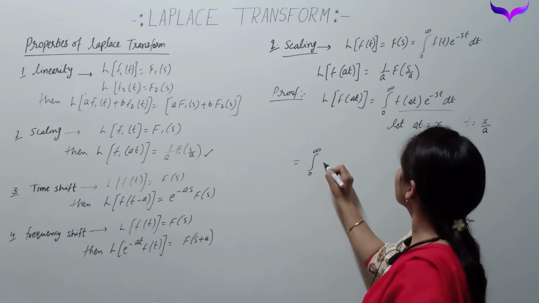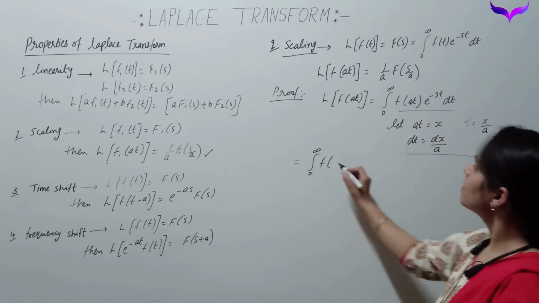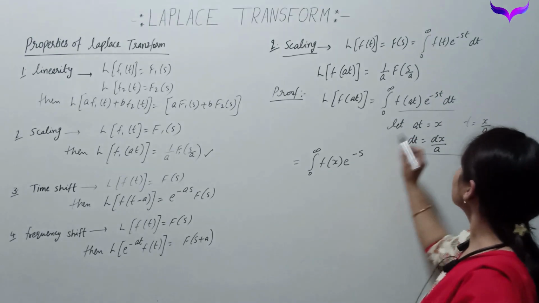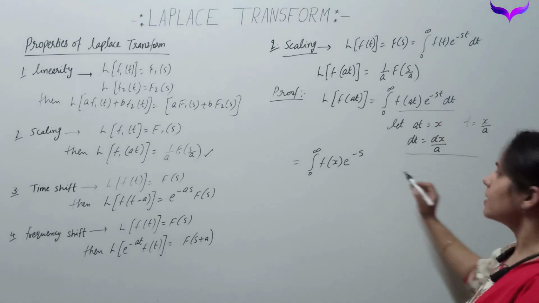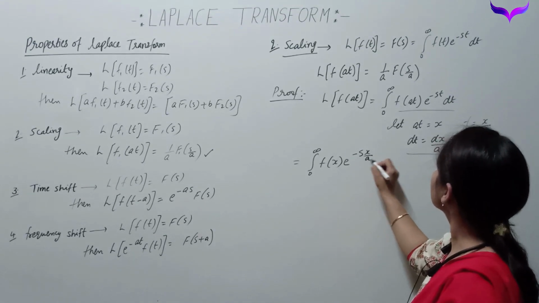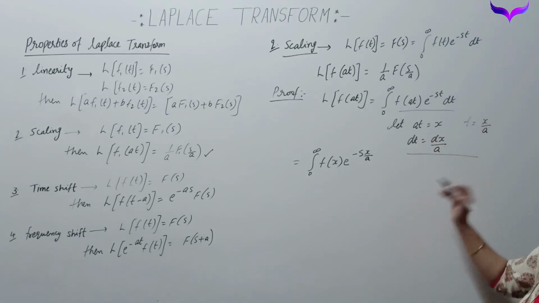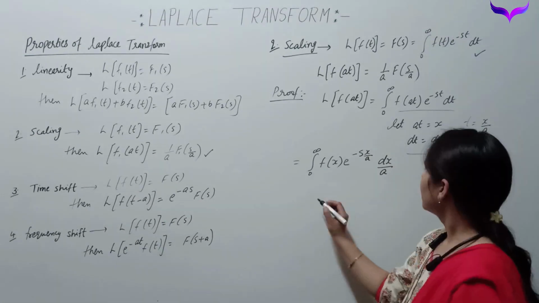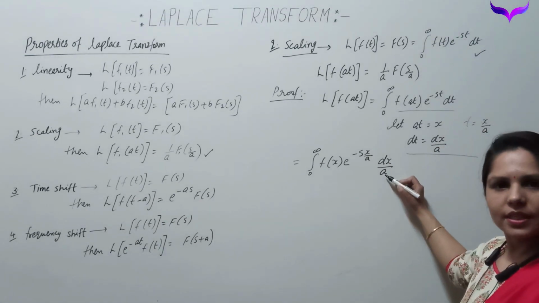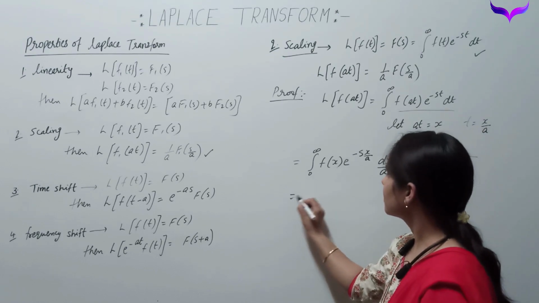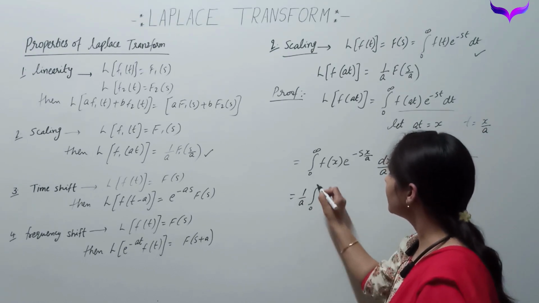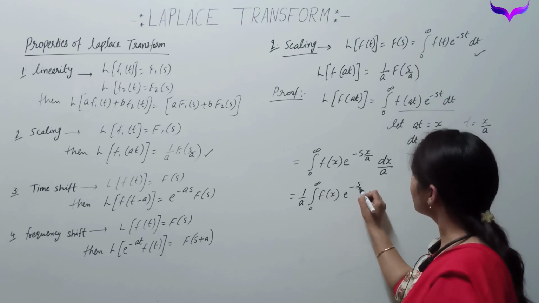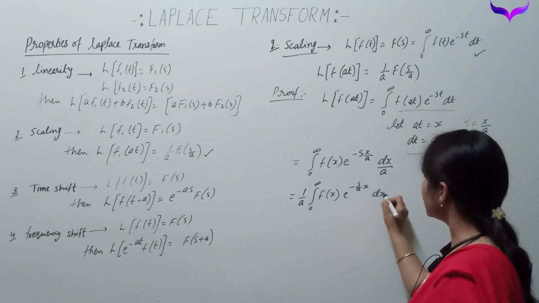Integral from 0 to infinity f(at) is f(x), as we assumed, e raised to power minus s, and t is x upon a, so s x upon a, and dt is dx upon a. Now see, 1 by a is constant, so keep it outside the integration. 1 upon a, integral from 0 to infinity f(x) e raised to power minus (s upon a) into x dx.